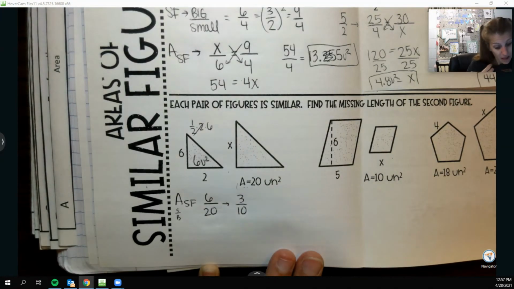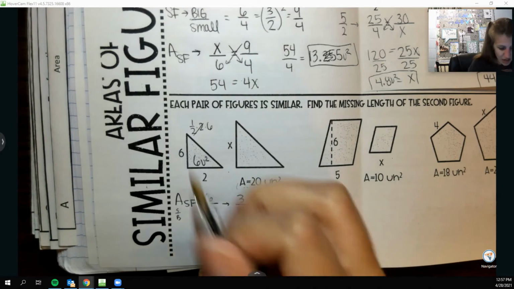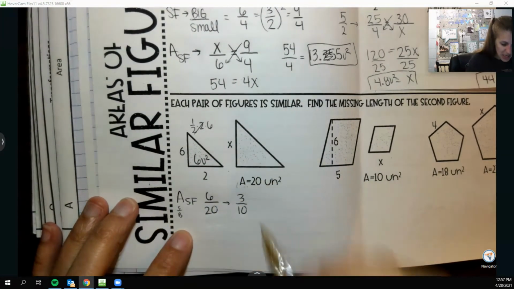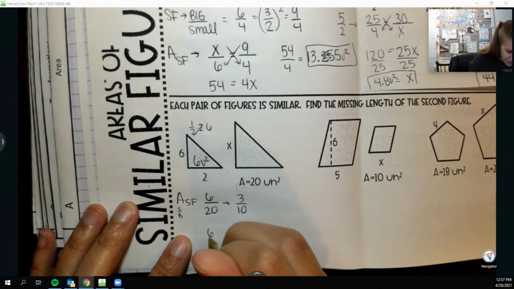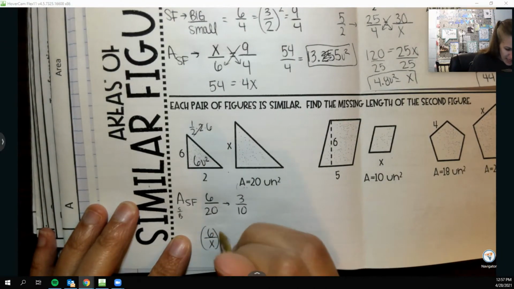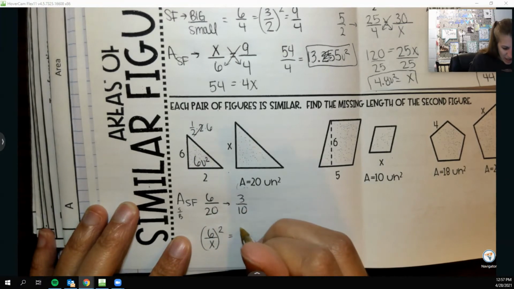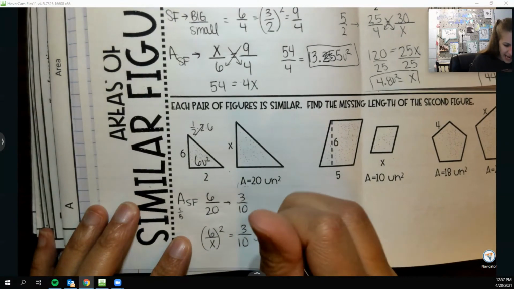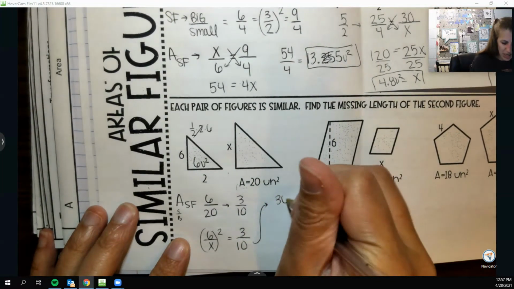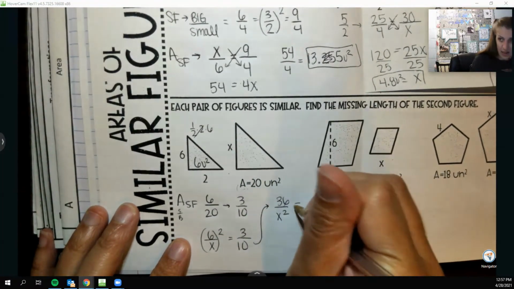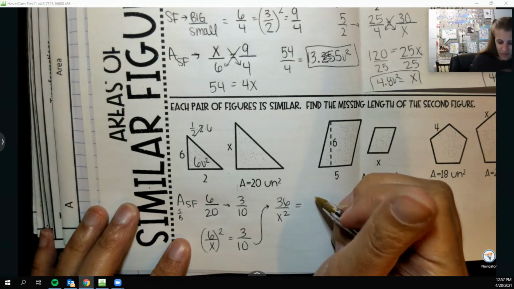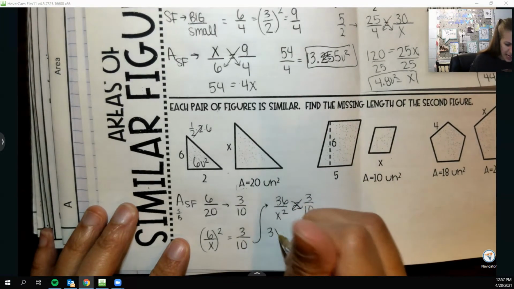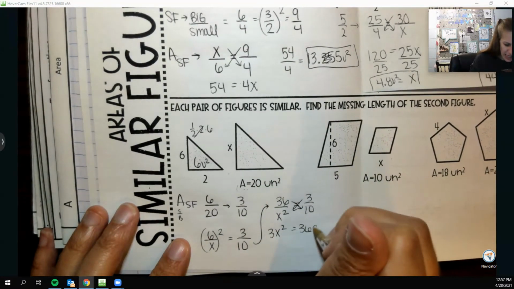Well, what we could do instead is just write that scale factor of the sides, so 6 over x, and then square this, and then set that equal to the area scale factor, 3 over 10. And so then what I have is 36 over x squared equals 3 over 10. And then cross multiply. So we get 3x squared equals 360.